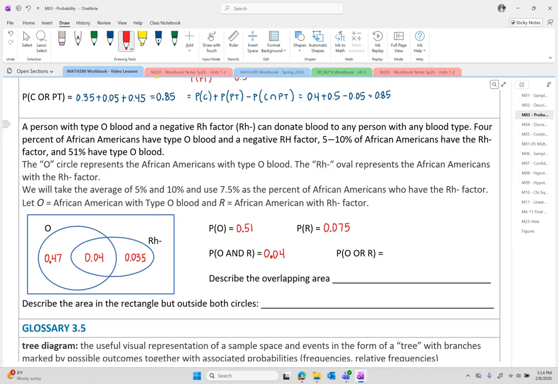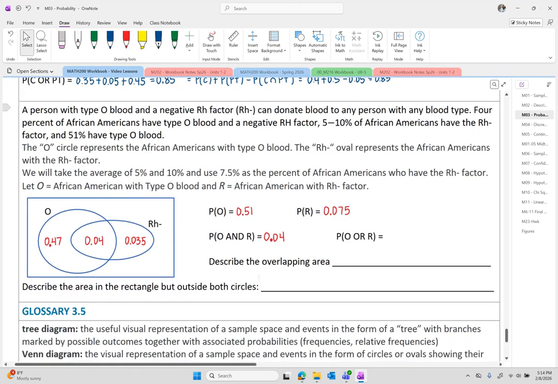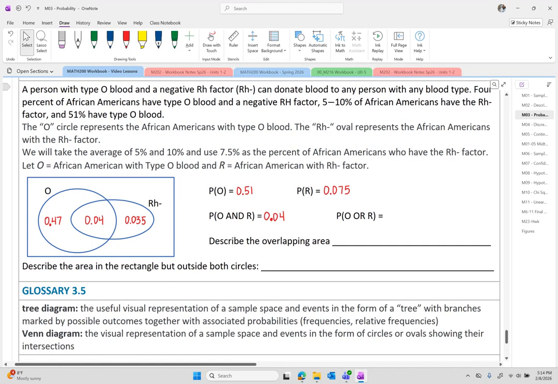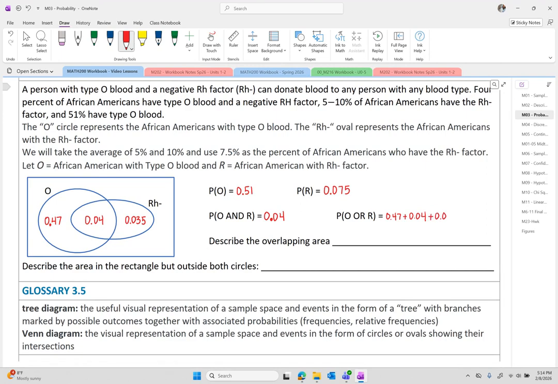So we can find now the group that either has blood type O or has the negative factor, and we can find it two ways. One is from the Venn diagram to say 0.47 plus 0.04 plus 0.035, and that will be 0.545 or 54.5%.